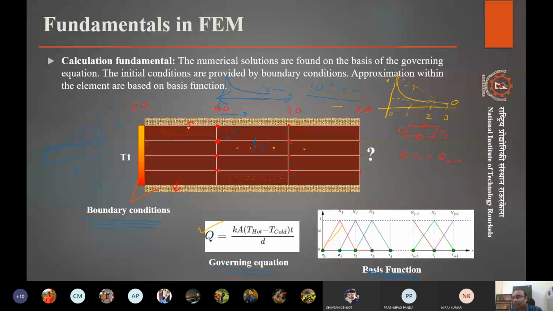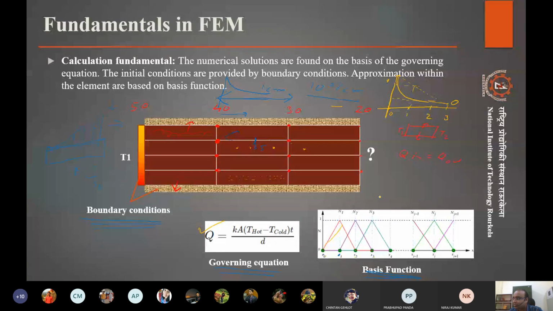There can be heat transfer, and the geometry can be very complex. So that's why in finite element only nodes are calculated for the actual value, and anything that is not a node, meaning elemental values, is calculated based on the functions that are there.